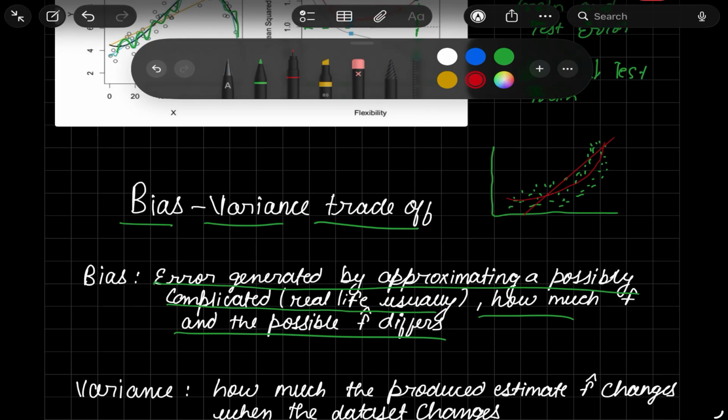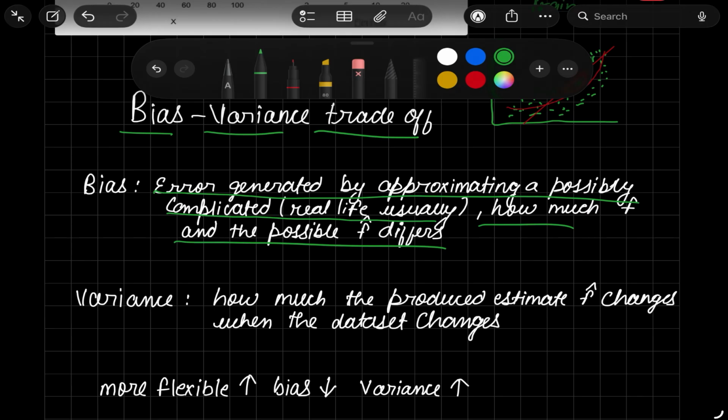So the bias is very high. If our bias is correct and the error is low, then the bias is low.